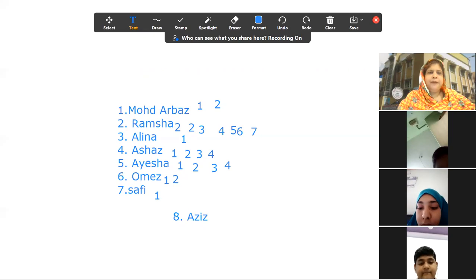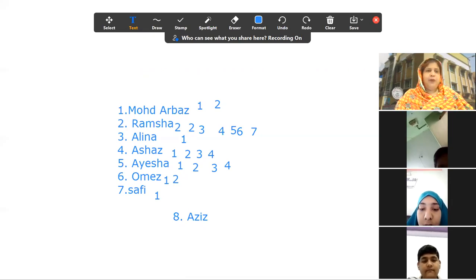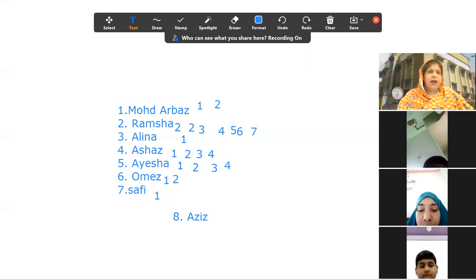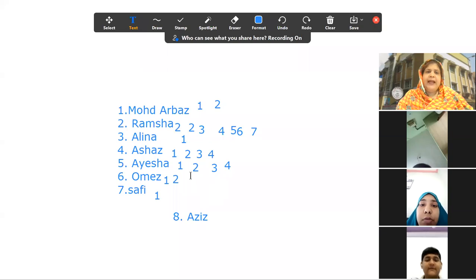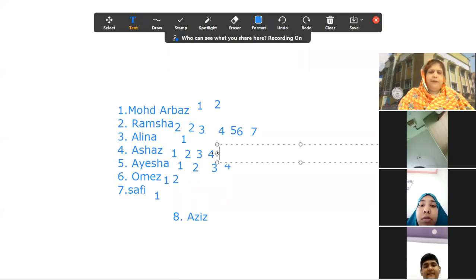What's the right answer? Yes, very good. Body surface. We have shown in amoeba how the entire body surface is responsible for it.